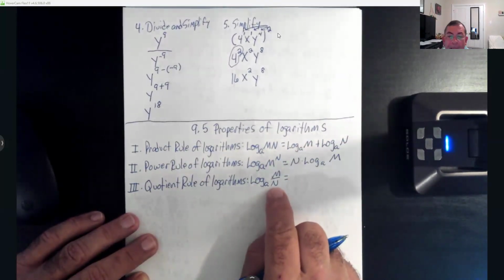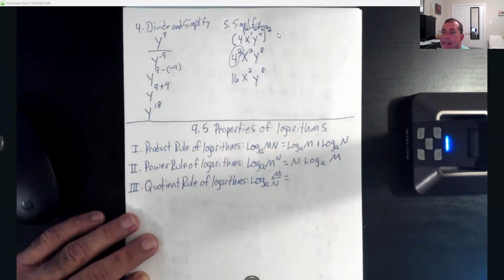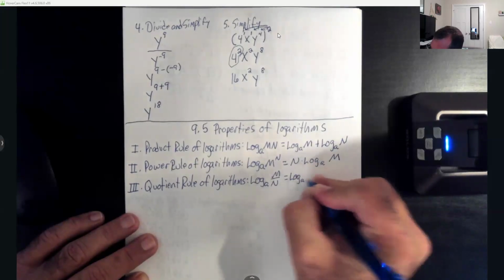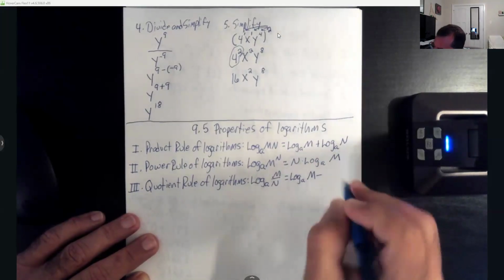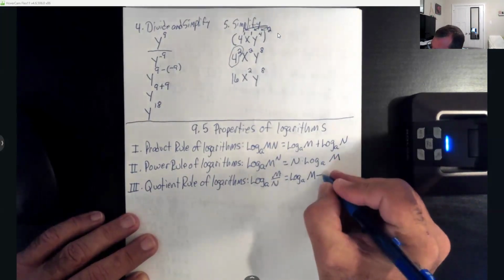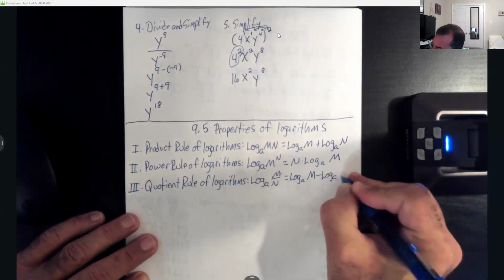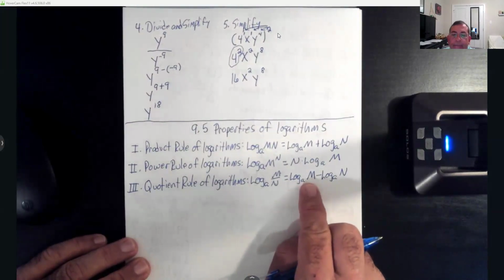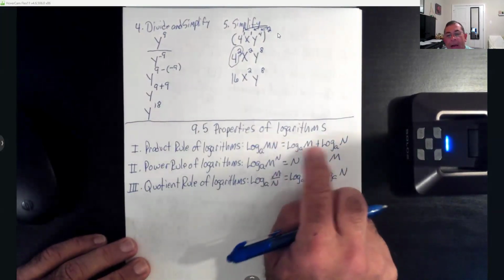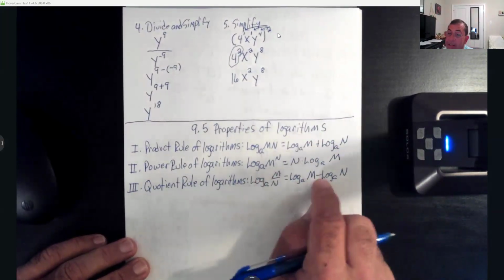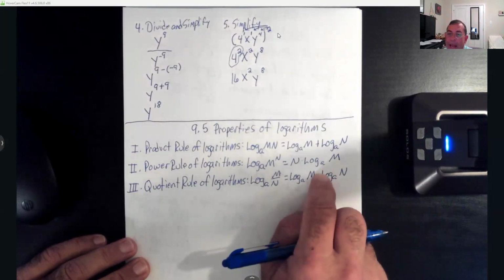Well, remember when I subtract, I write that as a difference of the logs because we're subtracting. So I would have the log A of M minus, so remember it's always the top minus the bottom, which would be a log A of N. Okay. So product still got written as the addition, division still gets written as subtraction.